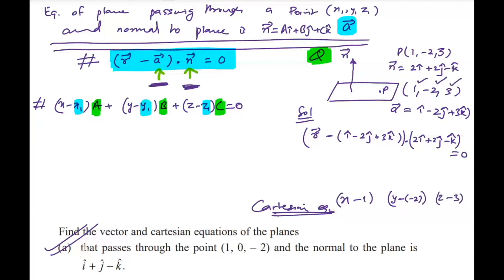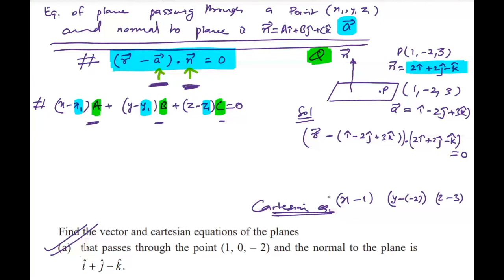They are the DRs of the normal vector, which is 2, 2, minus 1. So you just multiply here 2, 2 and minus 1, equal to 0. This will give you the answer.